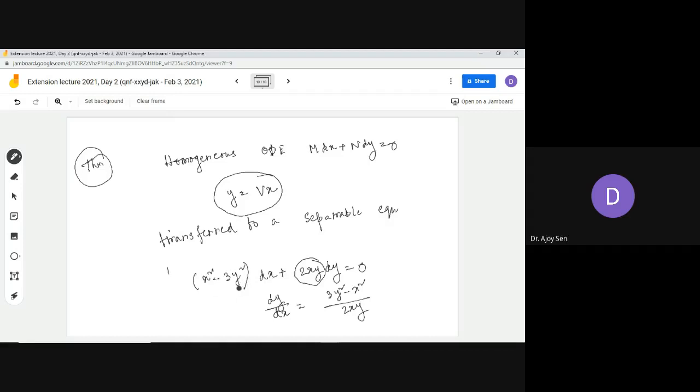It's not that easy to remove just by inspection, so you have to do this type of substitution. By this substitution, you will check that this equation is transformed to a separable equation, and for a separable equation it's very easy. I have told you how to find that integrating factor.